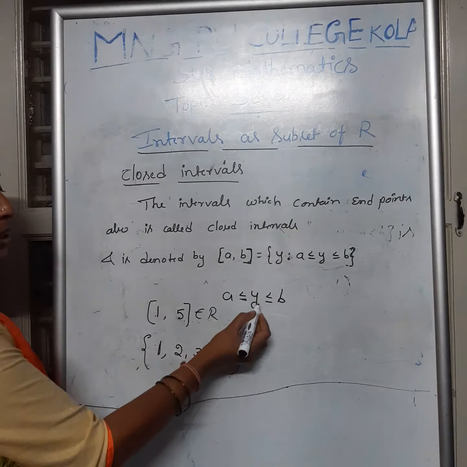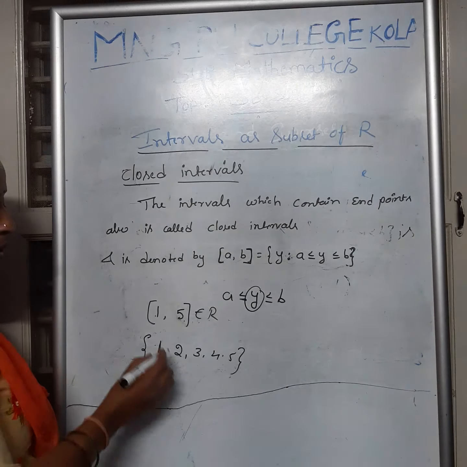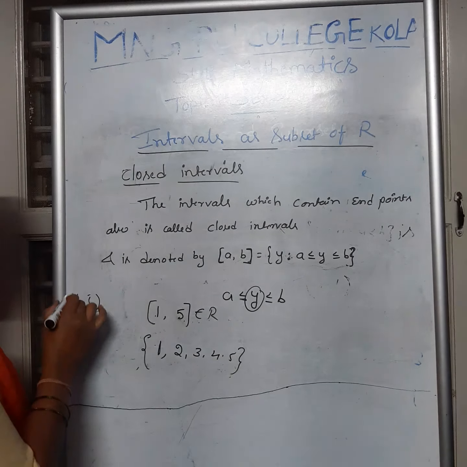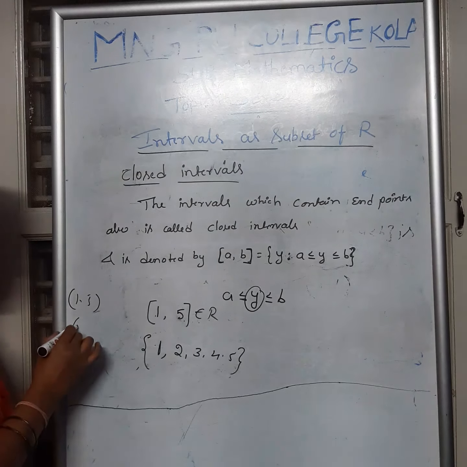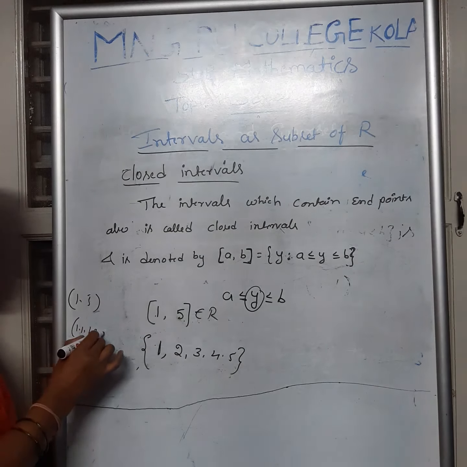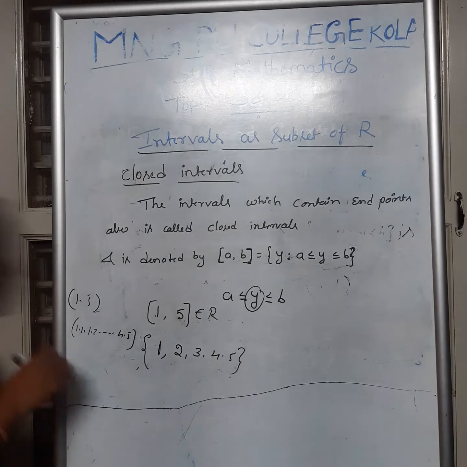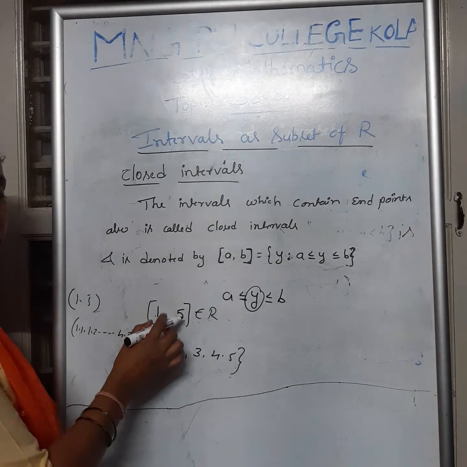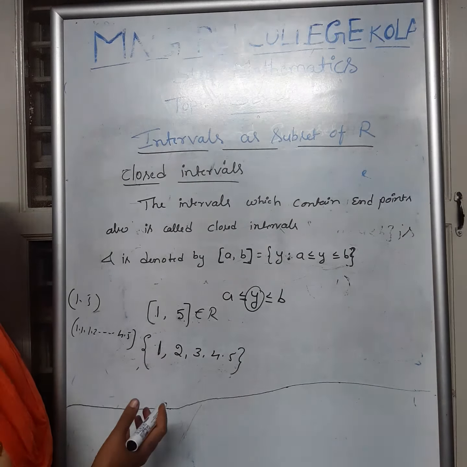These are the elements of the y value. So, in the open interval, we don't consider 1, 5, if you use a pair of brackets. In the middle, what are the points? 1.1, 1.2, etc. up to 4.9, we should consider. But in the closed interval, including A, including B also, we consider, that is the end points.